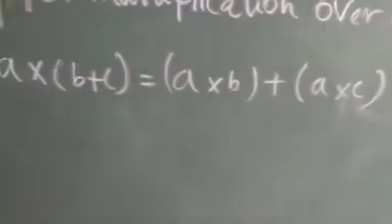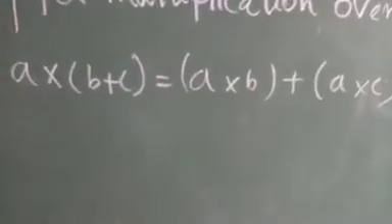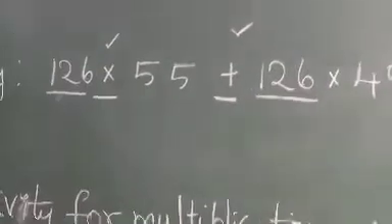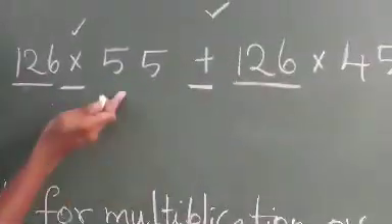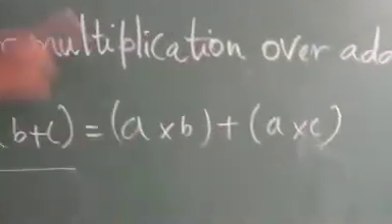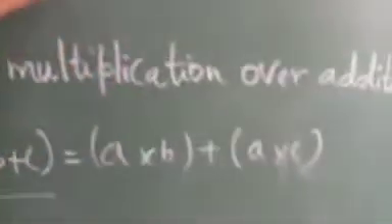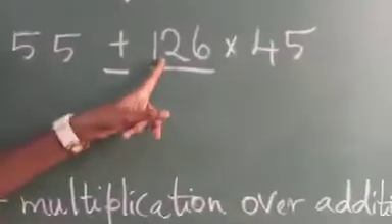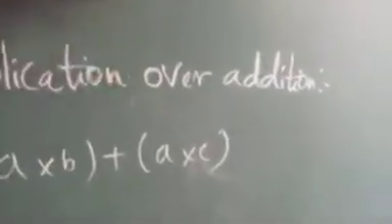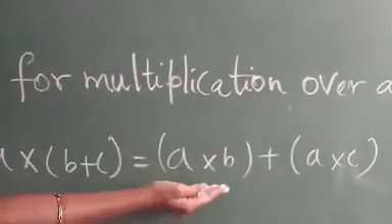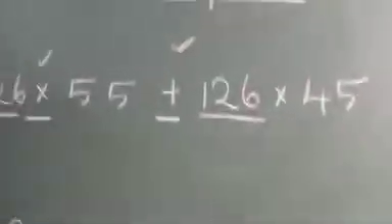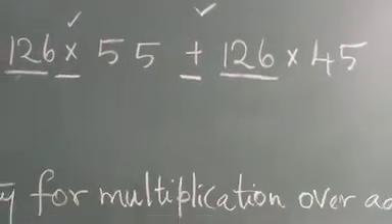So now you compare the question and the general form. Here in the previous sum, LHS is given, but in this sum RHS value is given. That means see here, A value takes 126, B value is 55. And here it is also A value is 126, C value is 45. So now by comparing the RHS of the general form and the question, you write the A value, B value and C value.